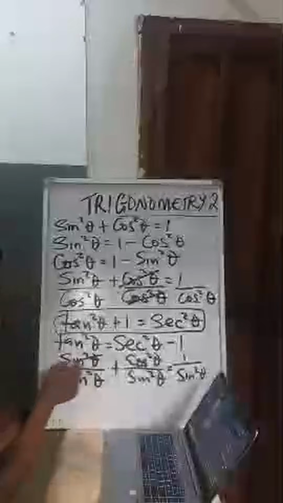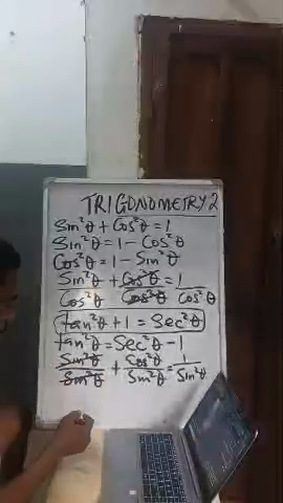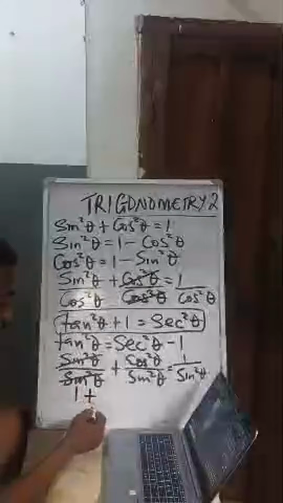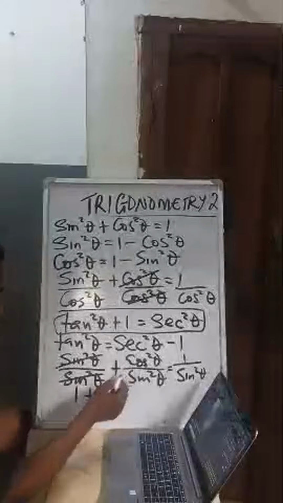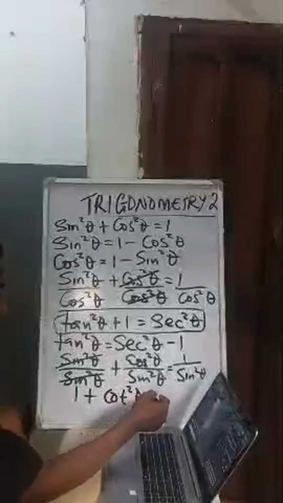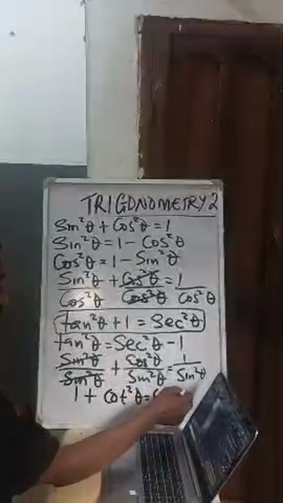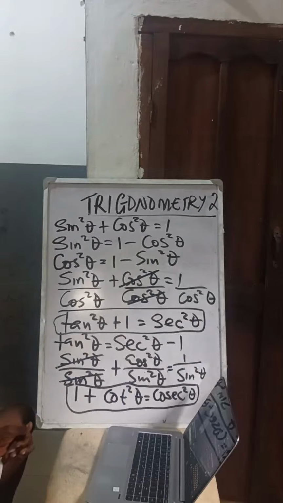So this can cancel out this, and we have 1 plus cot squared theta is equal to cosec squared theta.